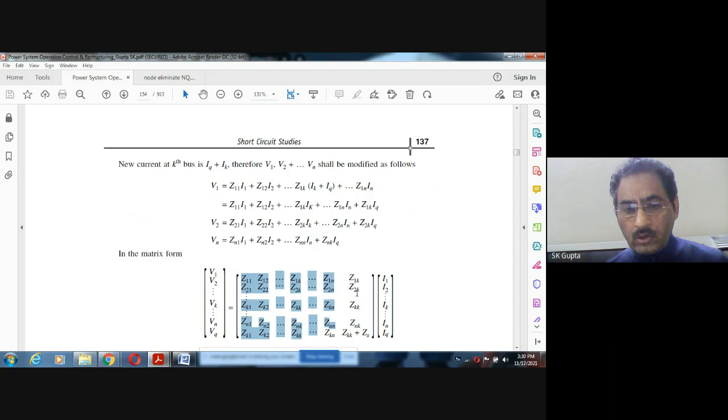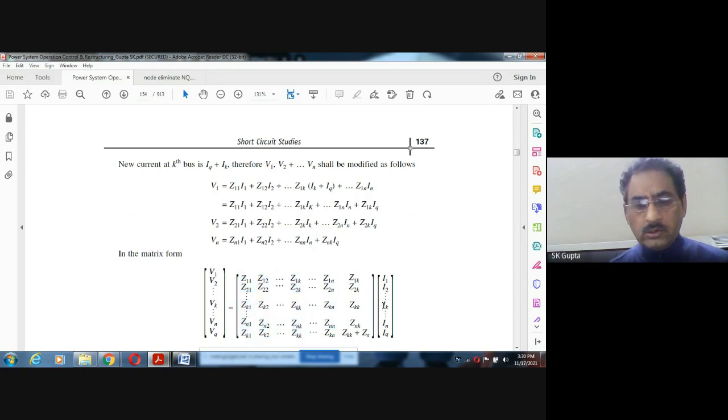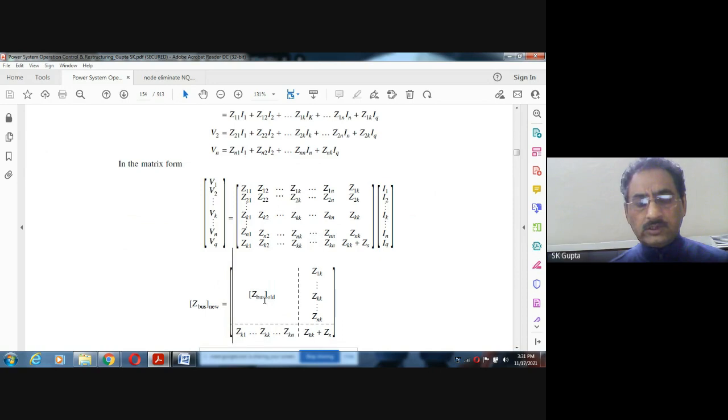Now this new column and new row has been added here, since it is an old bus to a new bus. Whenever, as I told, a new bus is there, one row and one column will be added. Now this can be written in short like this. This is the Z bus old.